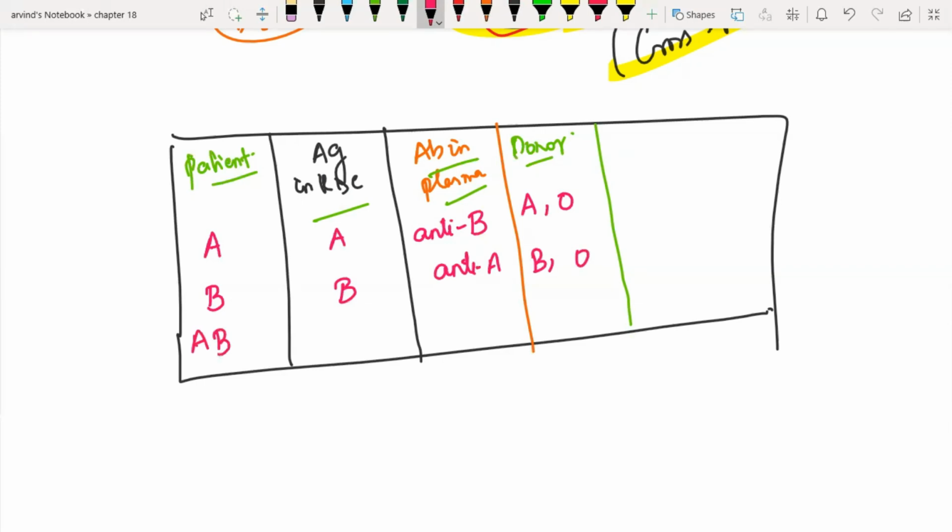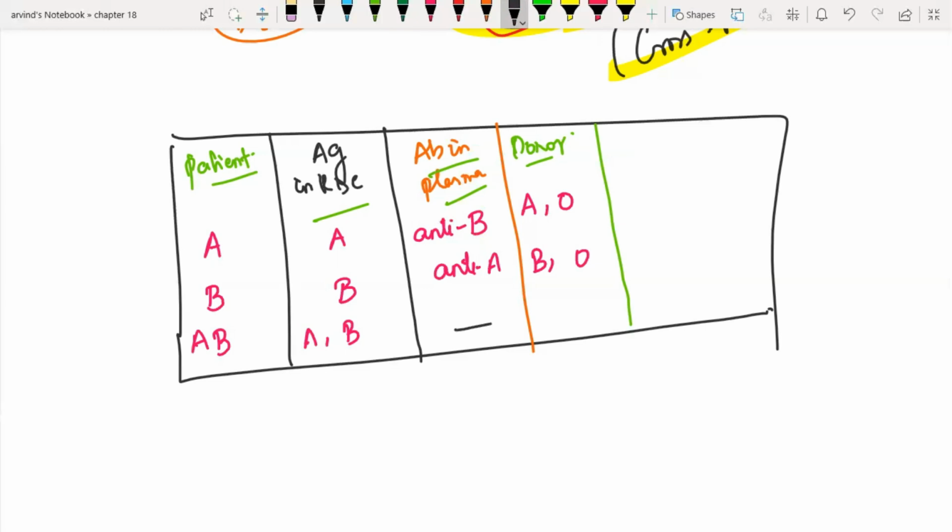Now, if a patient comes with AB, he will have both antigen A and antigen B. Then only Landsteiner's first law will be valid here, where he says if an antigen is present, its corresponding antibody must be absent, right? So no antibodies.